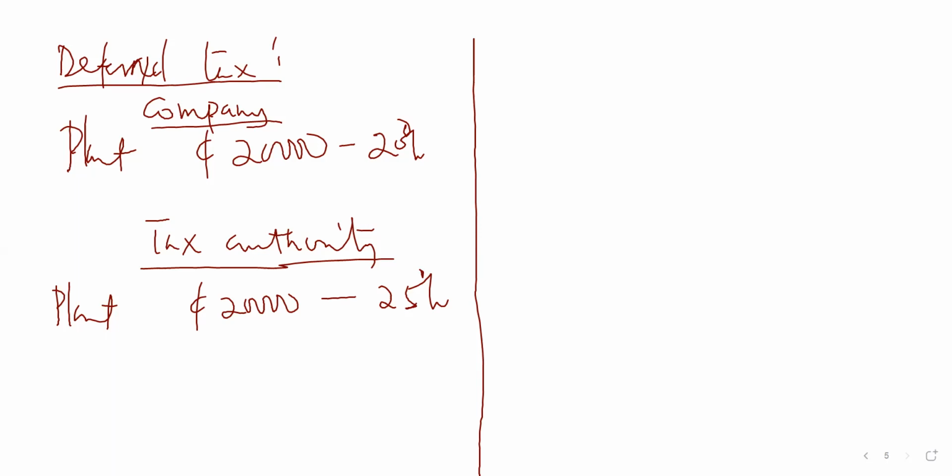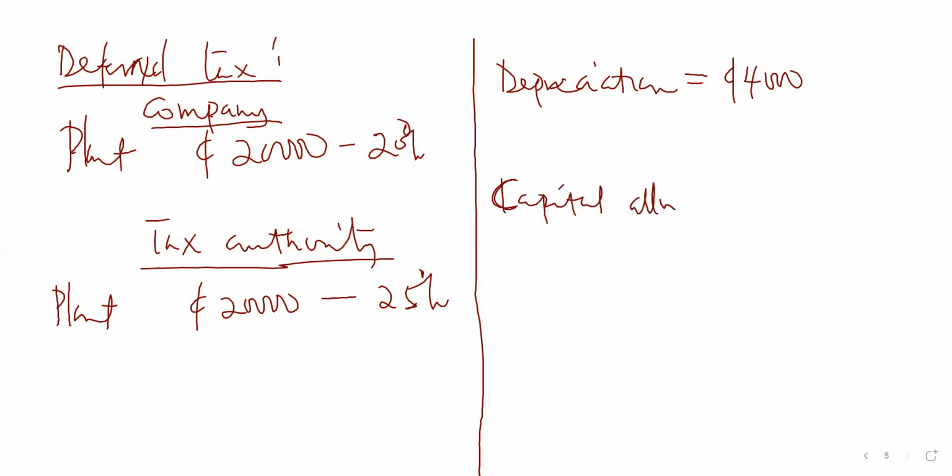Every year, what will be the depreciation for the company? 4,000. That will be 4,000. Okay, but what will be the capital allowance that they will be giving to the company every year? 5,000.